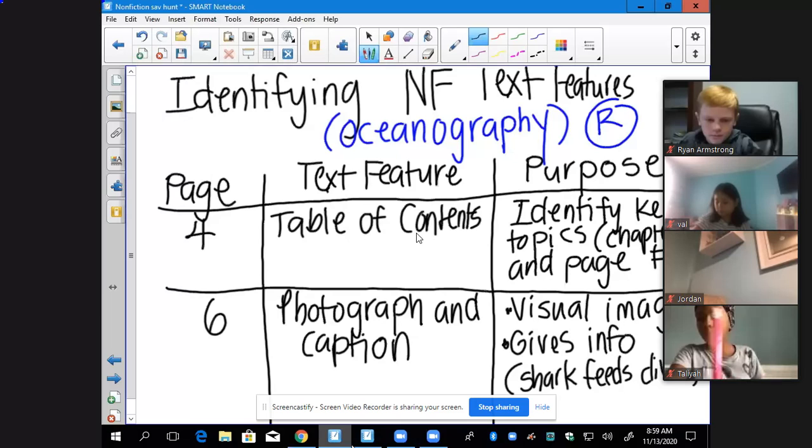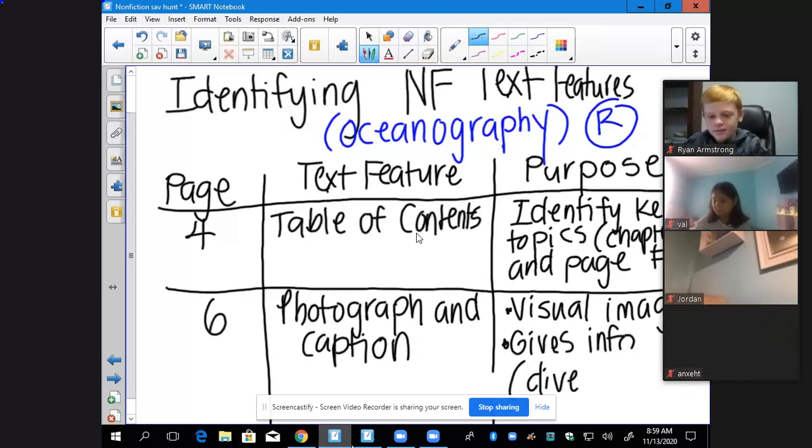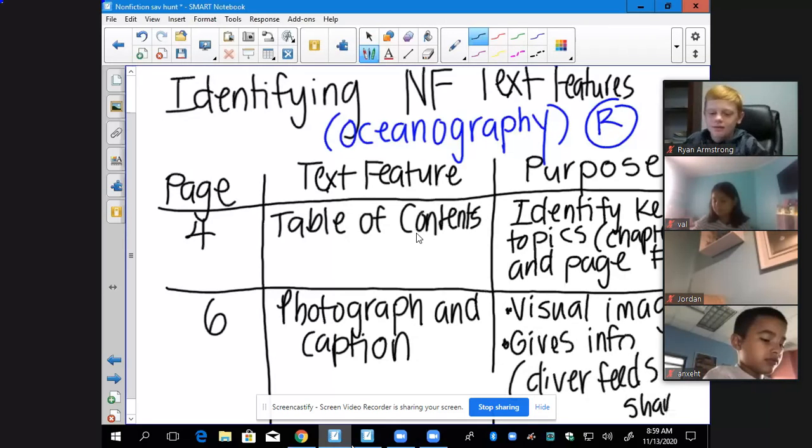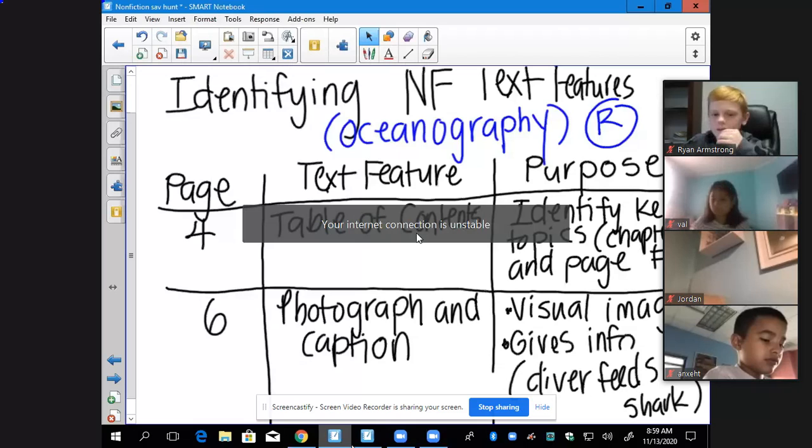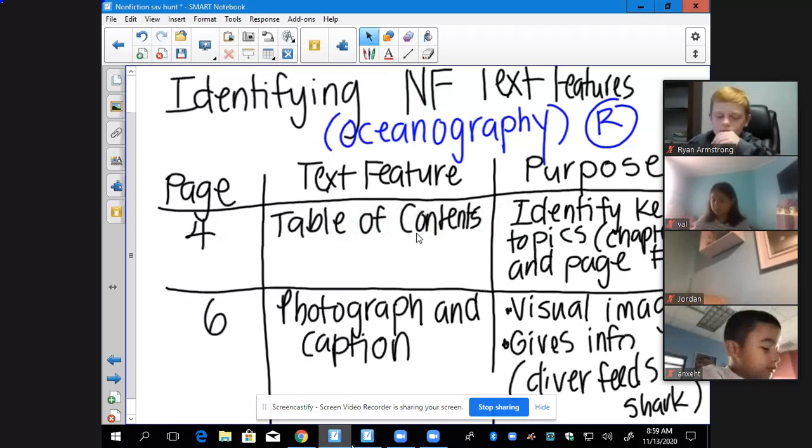Diver feeds shark. Miss Brisson, if you ever have a shark feed you, let me know. I know. Miss Caldwell said, if you ever have a shark feeding you, let me know. Yeah, that wouldn't go well.